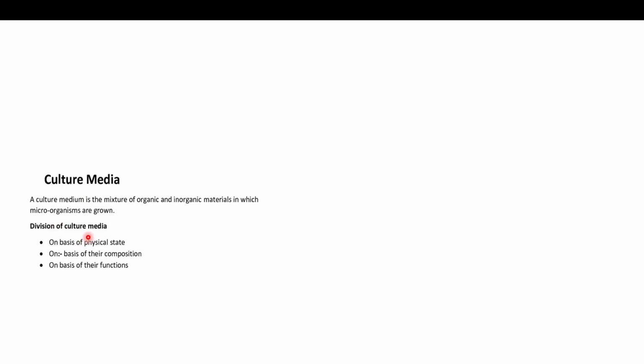Now, culture media can have different categories and classifications. Mostly, these are classified based on the physical state of the medium. It can be liquid or solid. What is the composition? What are the constituents of the culture media? I think you all must have gone through the lecture videos also.